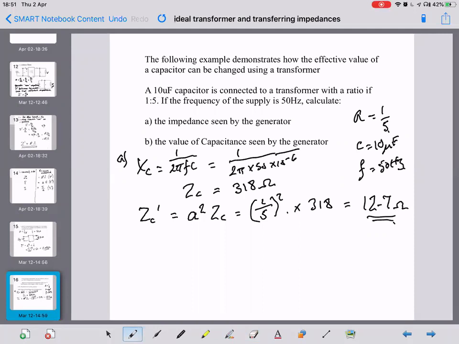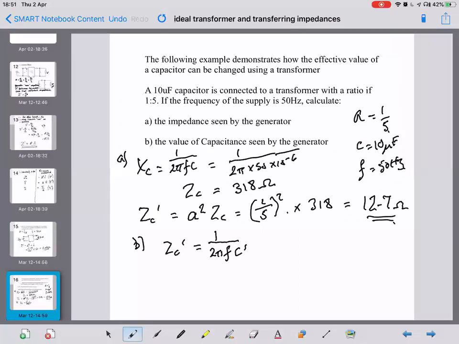Okay. And then part B is asking us what is the capacitance value seen by the generator. So what we could write is ZC dash is equal to 1 over 2 pi F C dash.